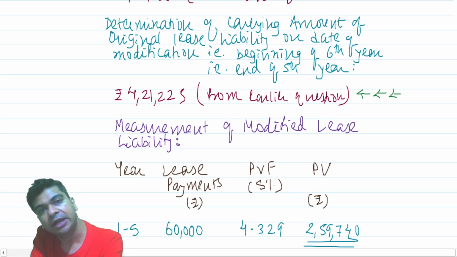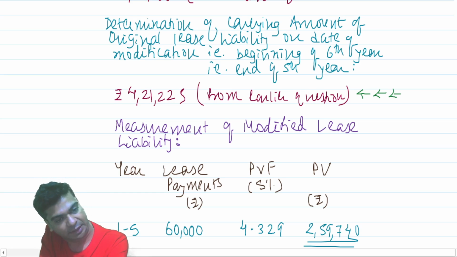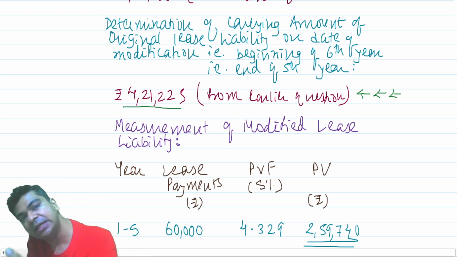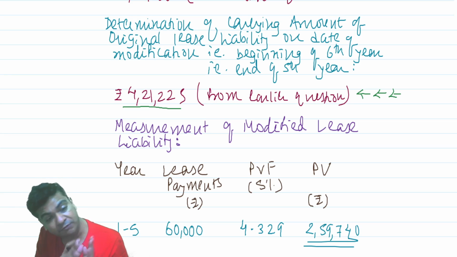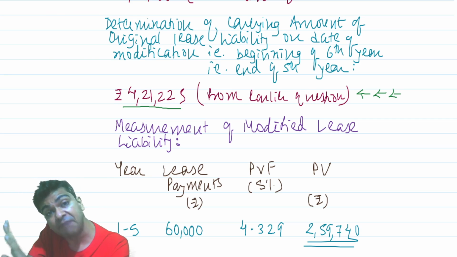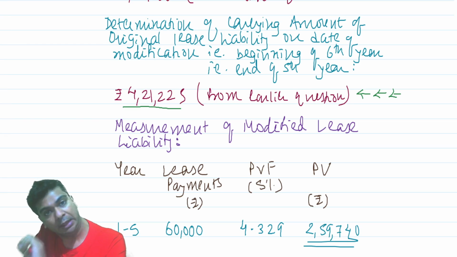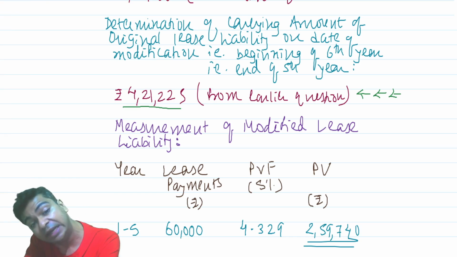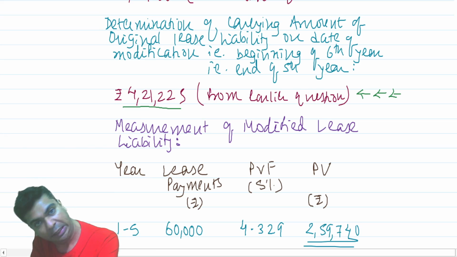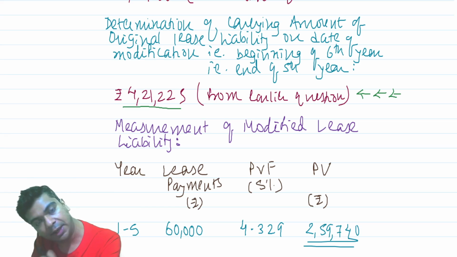Again, I'll repeat, 4,21,225 is the carrying amount of the original lease liability on the date of modification. But the revised reality is that your liability should now be only for 2,500 square meters. So 50% reduction is there, so 50% of the liability should be de-recognized.